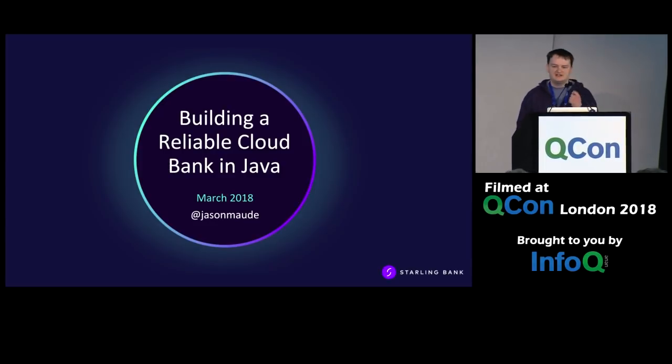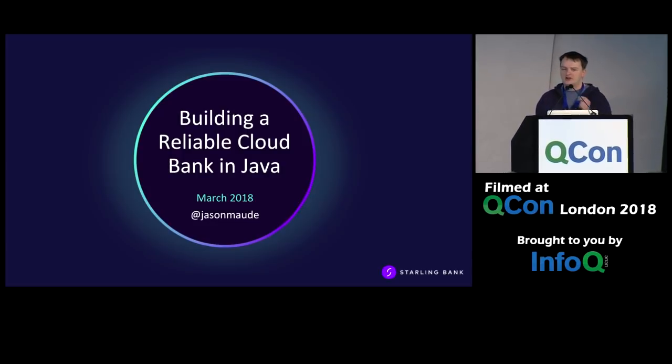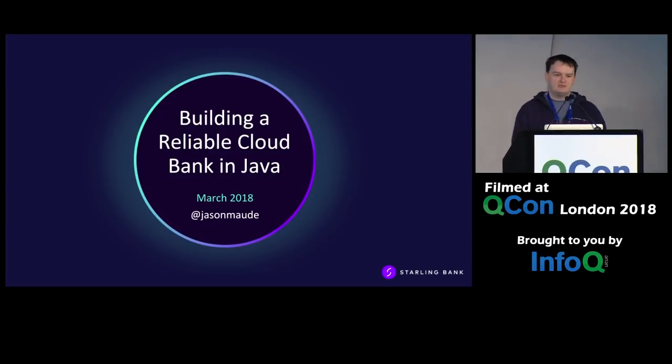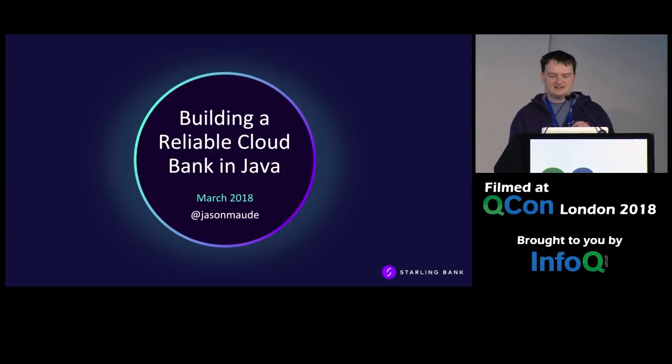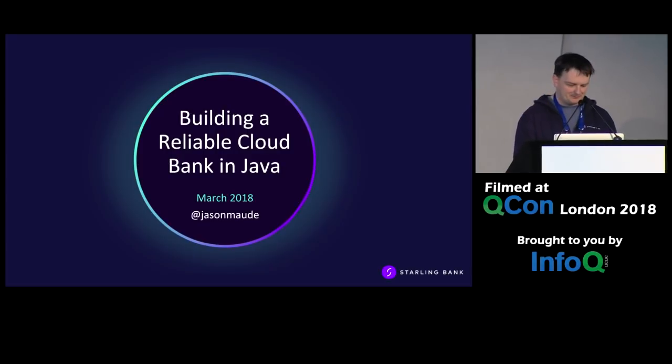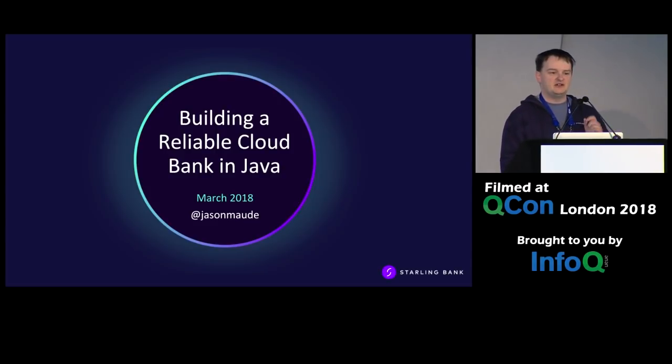And even if you're a disruptive challenger bank like we are, you still have to make sure that your bank is reliable and gives the customers that peace of mind they need. And so I'm going to start off with a story that shows how that can go wrong.